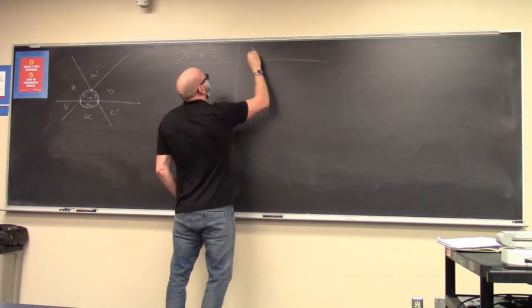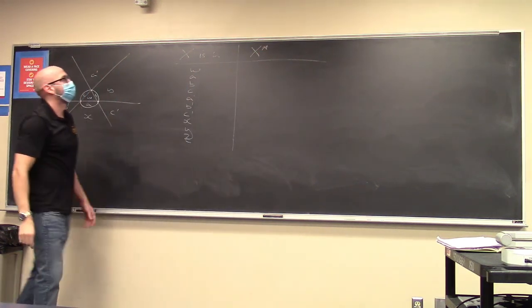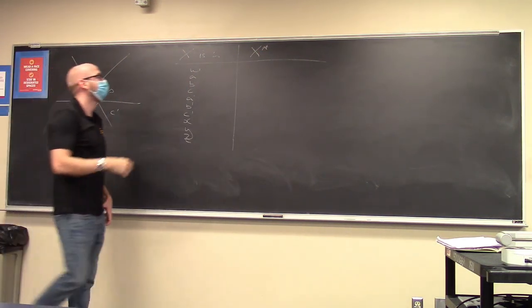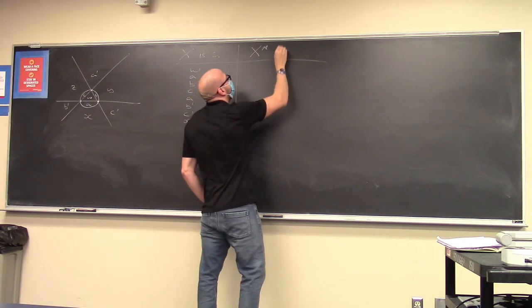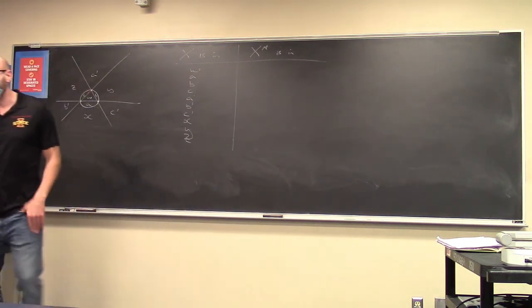Then where is its isogonal conjugate? Again, I'll use the notation from last time, X star, for the isogonal conjugate. Notation the textbook doesn't use, but I like it.